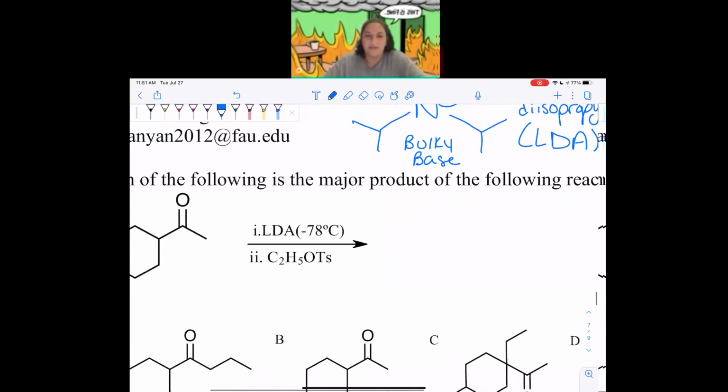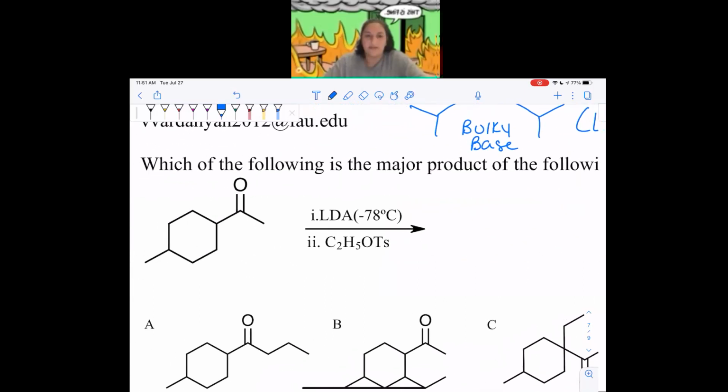So for example, in this case, we have alpha 1 versus alpha 2. If we had NaOH or literally any other base, which alpha hydrogen would we take?